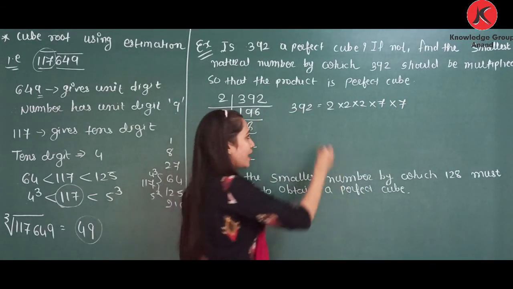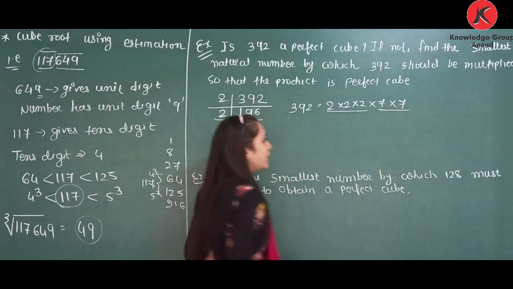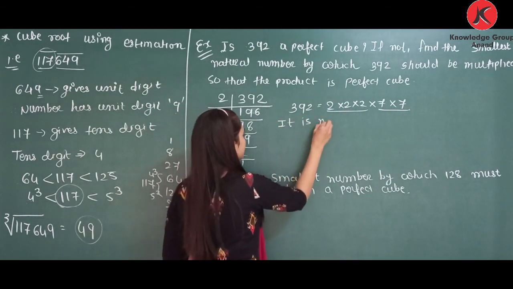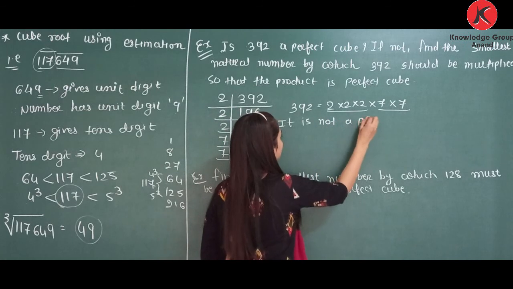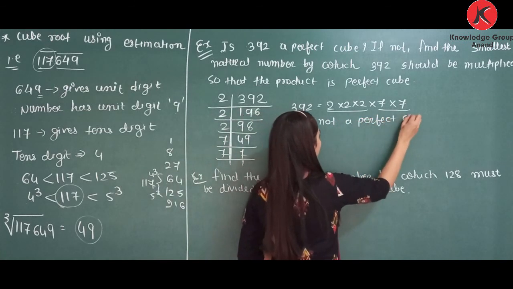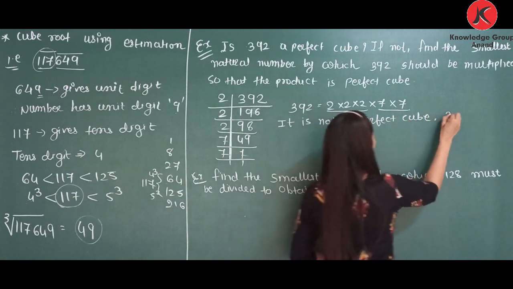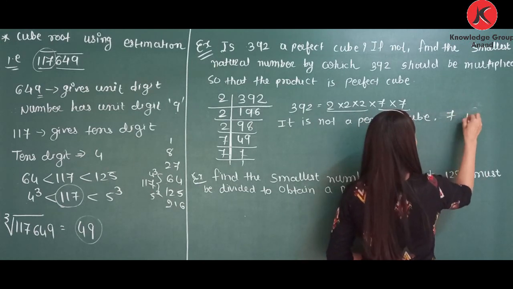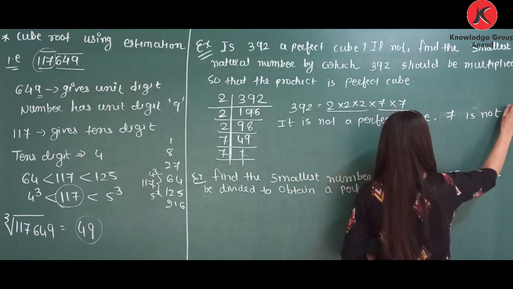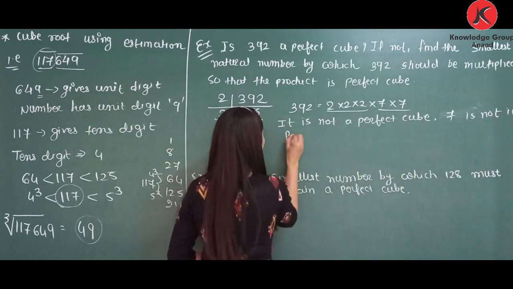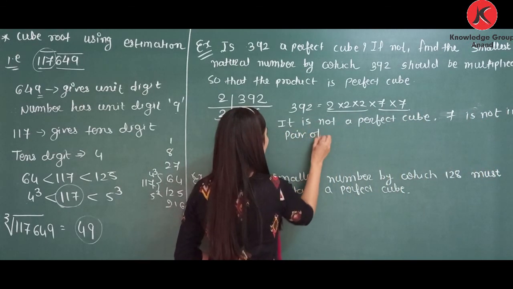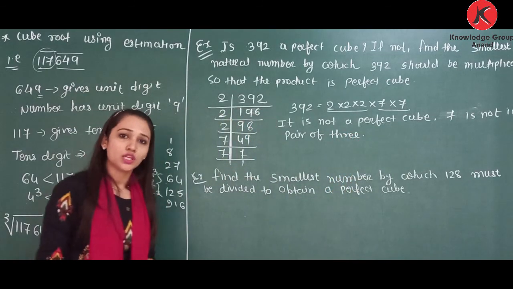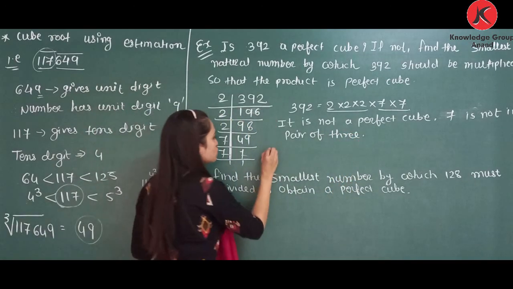So 2 is in a group of 3, but 7 is not in a group of 3. That's why it is not a perfect cube. The reason is that 7 is not in a group of 3. To make it a group of 3, we need to multiply by 7.